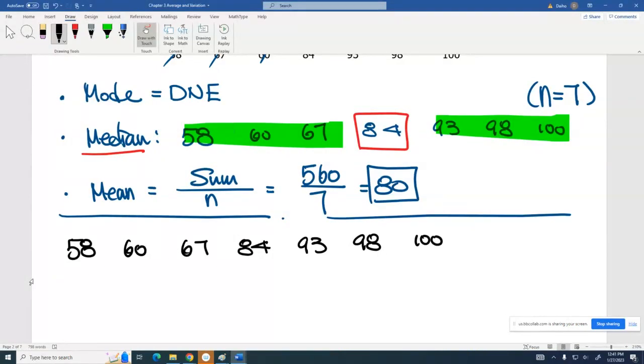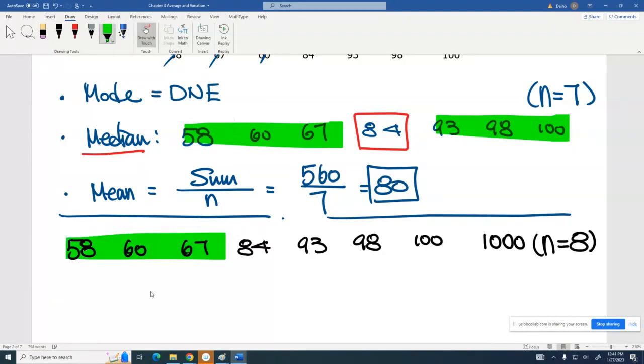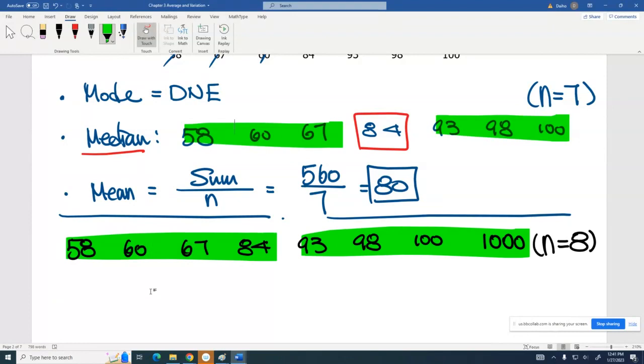It's almost done, but I have to finish the lecture. Let me add one more case: 1,000. How many n? 8, an even number. 4 and 4.